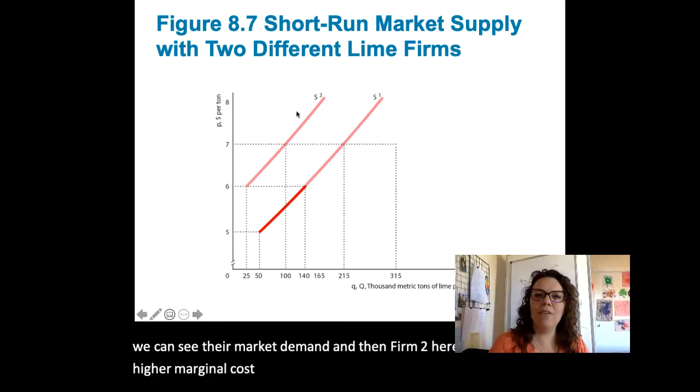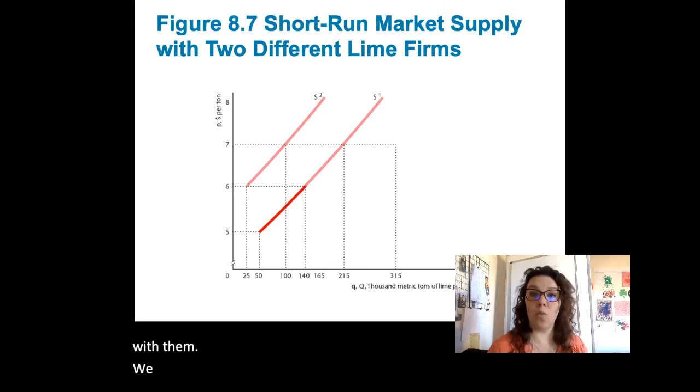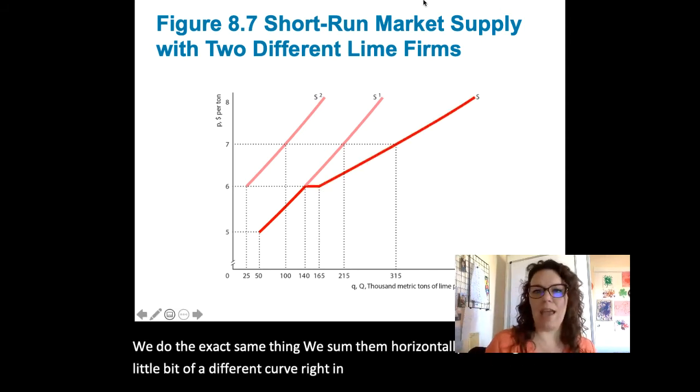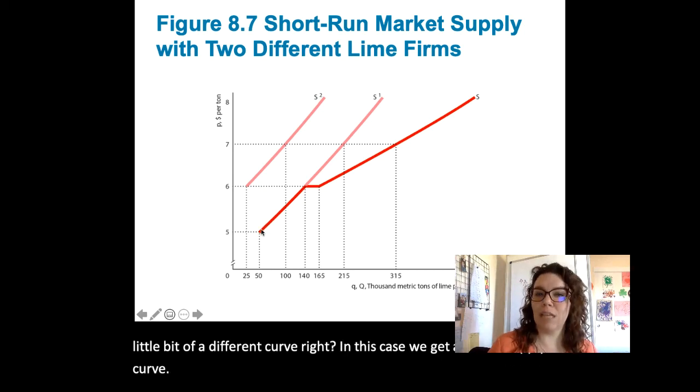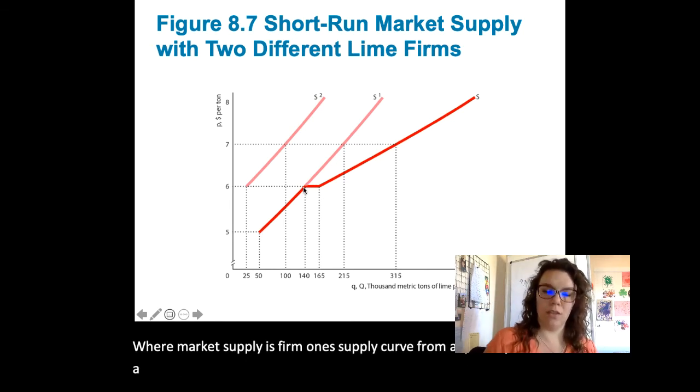And so when we have 2 different supply curves with different quantities, with different costs associated with them, we do the exact same thing. We sum them horizontally and we get a little bit of a different curve. In this case, we get a kinked supply curve where market supply is firm 1's supply curve from a quantity of 50 to a quantity of 140.